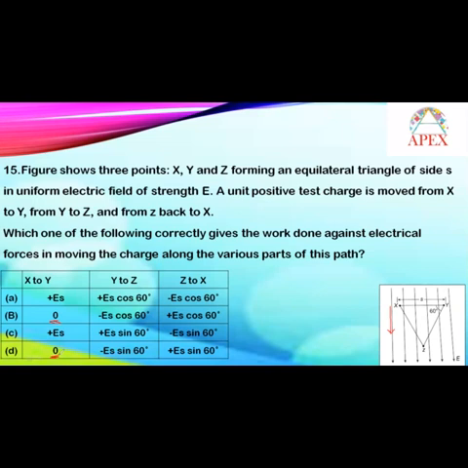Next, to bring it from Y to Z, you should consider only the distance along the field direction. If this is 60 degrees and this length is S only, then this will be S cos 60 and this will be S sin 60.